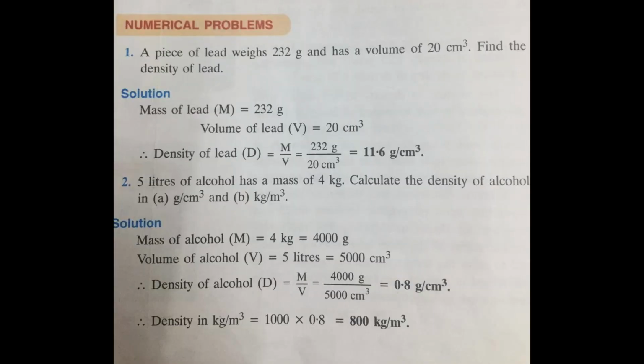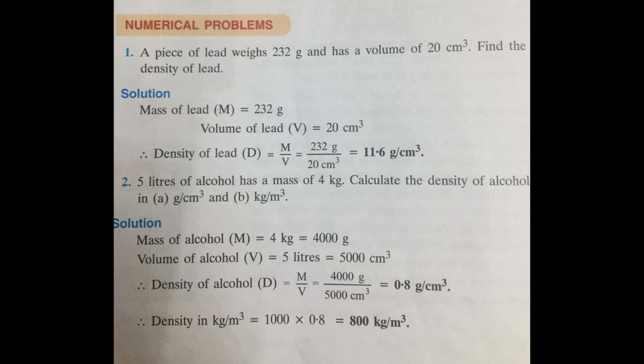Now children, let us discuss some of the numerical problems. As you can see there, the questions. The first numerical is: a piece of lead weighs 232 gram and has a volume of 20 cubic centimeter. Find the density of lead. So we'll solve it. Mass of the lead is given, it is 232 grams.